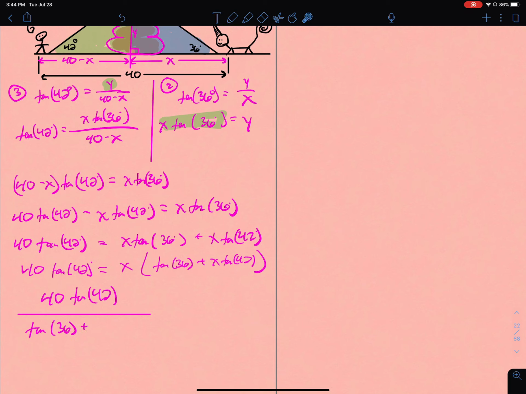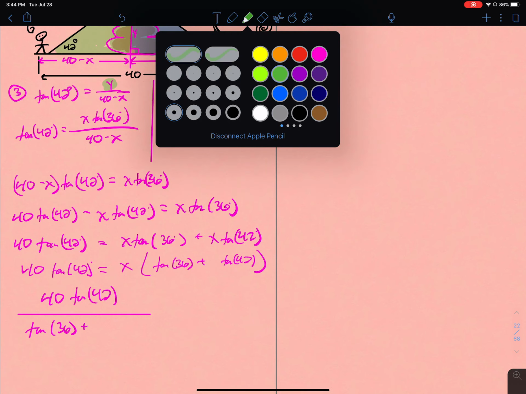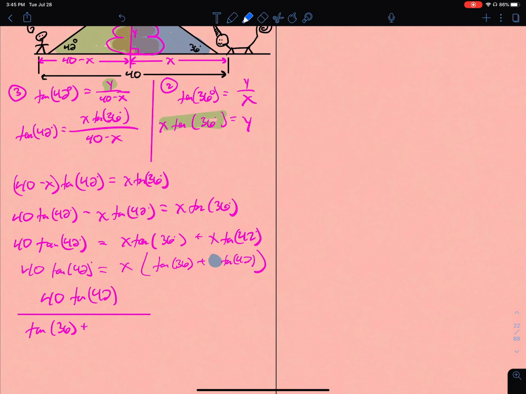And I made a mistake here. When I factored this x out, put this in front, this x should not be there. I'm just going to highlight where I removed that from. The x where that blue should not have been there. Be careful. These are not like terms. Tangent of 36 and tangent of 42. You cannot combine those in any way, shape, or form.